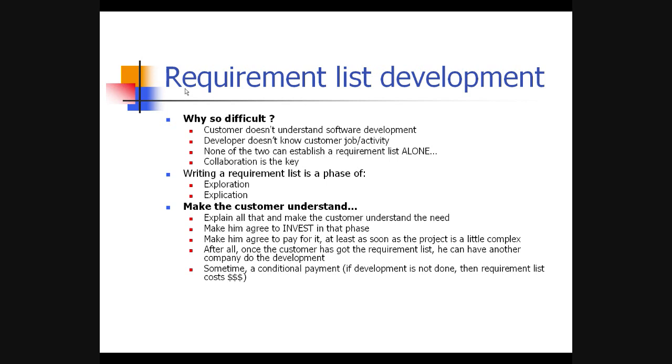But if you are not accepting the proposal or deciding that you want the development done by another company, which is absolutely your right, we have no problem with that, then the establishment of the requirement list will cost this amount. That's a possibility.